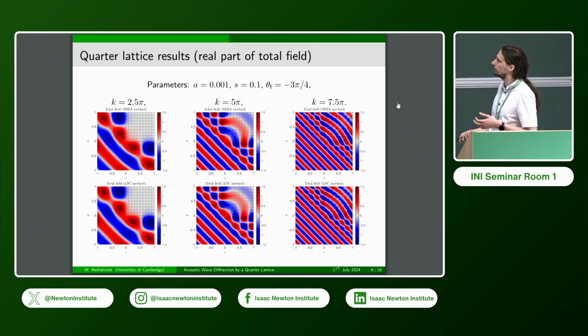And this bottom row is the numerical method we compared with, which was a least squares collocation method. In these cases, I've chosen a fairly low truncation number, and you can see that these two are agreeing quite well to the naked eye, at least, despite this low truncation number.